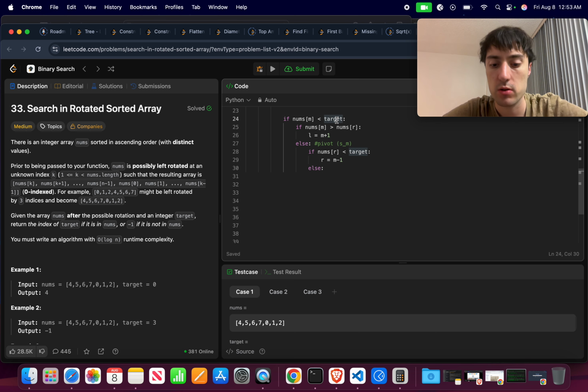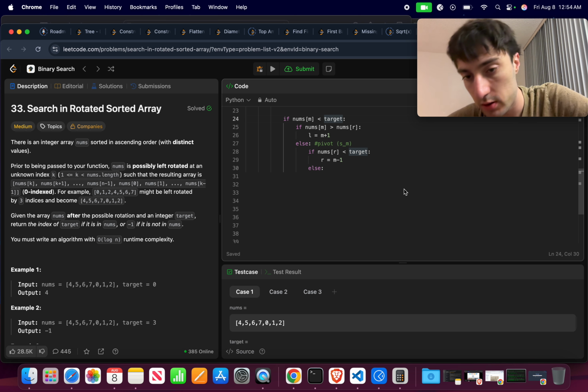Midpoint is too small. Okay. So I need something bigger.